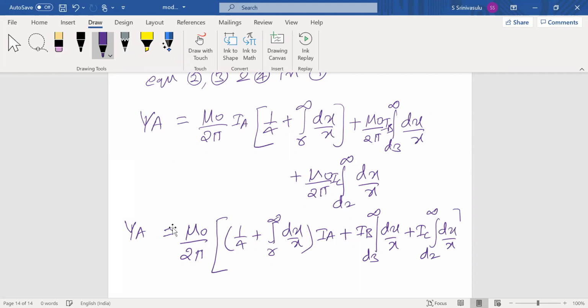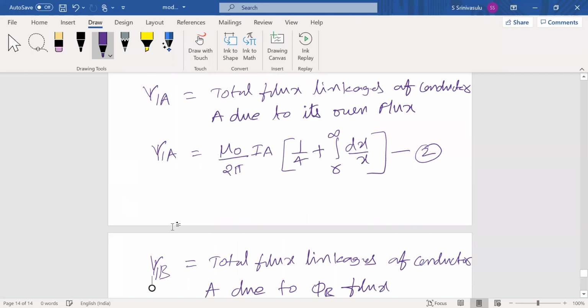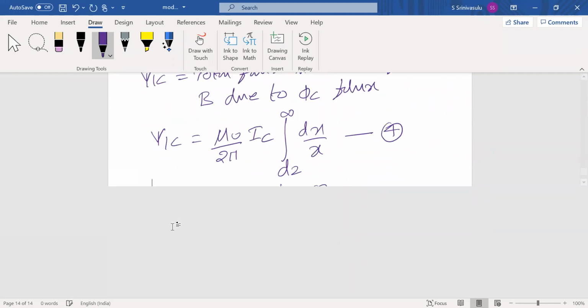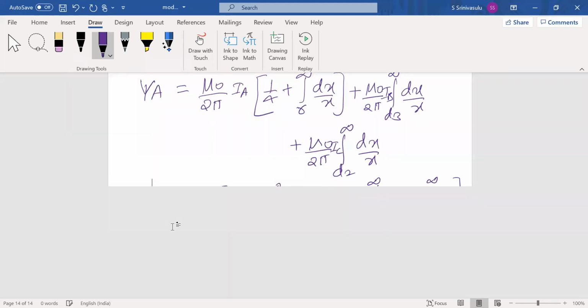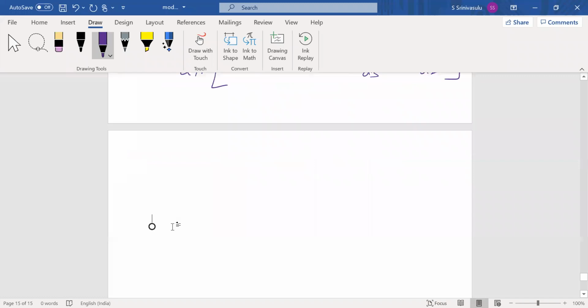Next, again simplify, we will get mu naught by 2 pi common outside. Now apply the integration: if you apply the integration of 1 by x into dx, we will get ln of x.